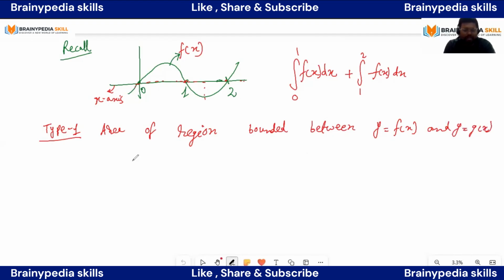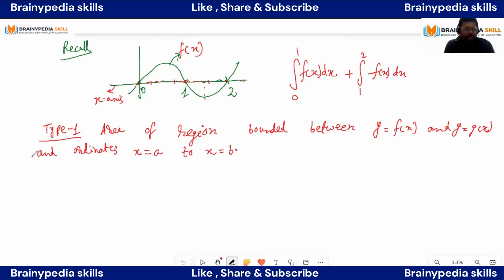They have given you two functions and the ordinates. You already know the points on the x-axis are the ordinates, and on the y-axis the abscissa. So the ordinates are x equals a to x equals b.